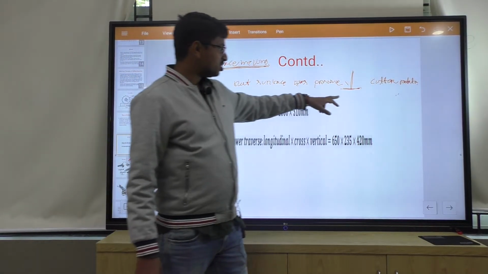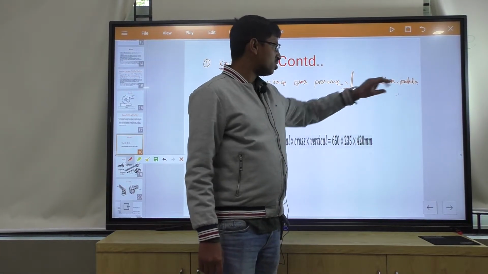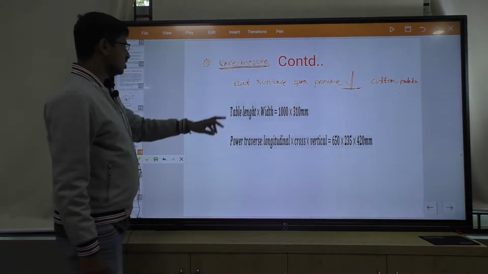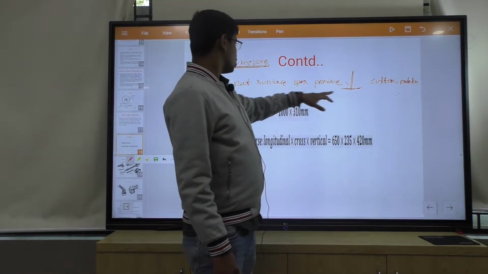In which direction? This surface is perpendicular to the cutter rotation.